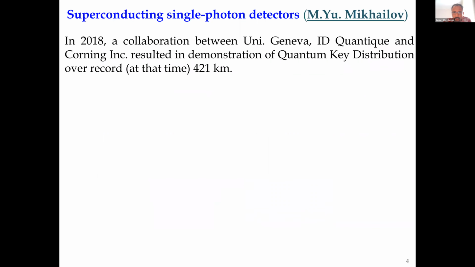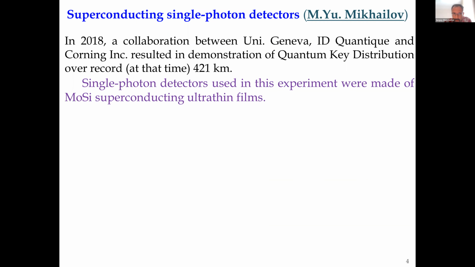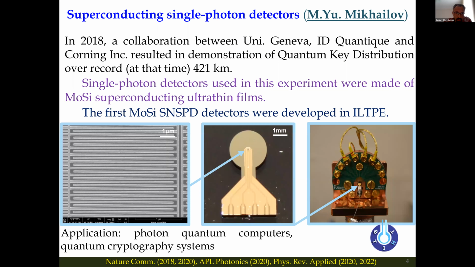Several years ago, a collaboration between University of Geneva, ID Quantique and Corning Incorporated resulted in a demonstration of quantum key distribution over a record, at that time, 400 kilometers. This became possible partly due to single-photon detectors used in those experiments, which were made of, importantly, superconducting ultra-thin films of molybdenum silicon. And these are illustrations of the detectors developed in our institute.